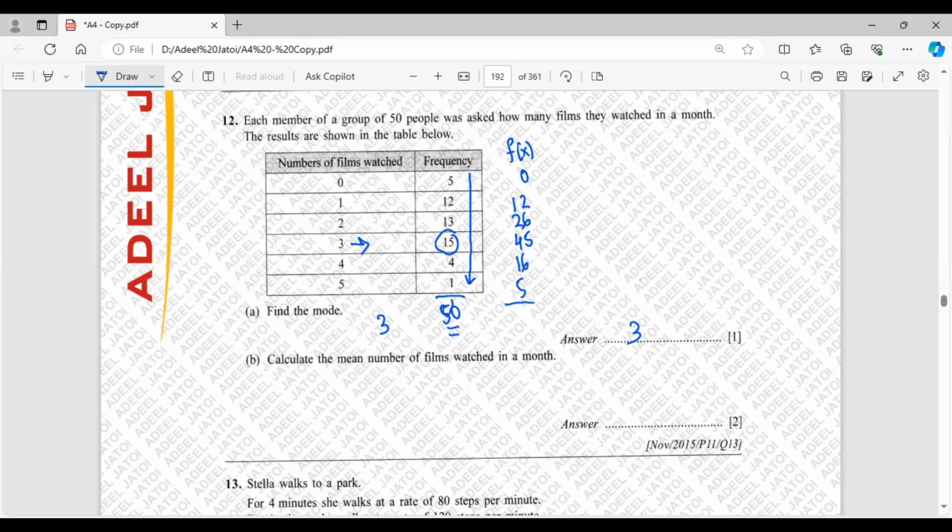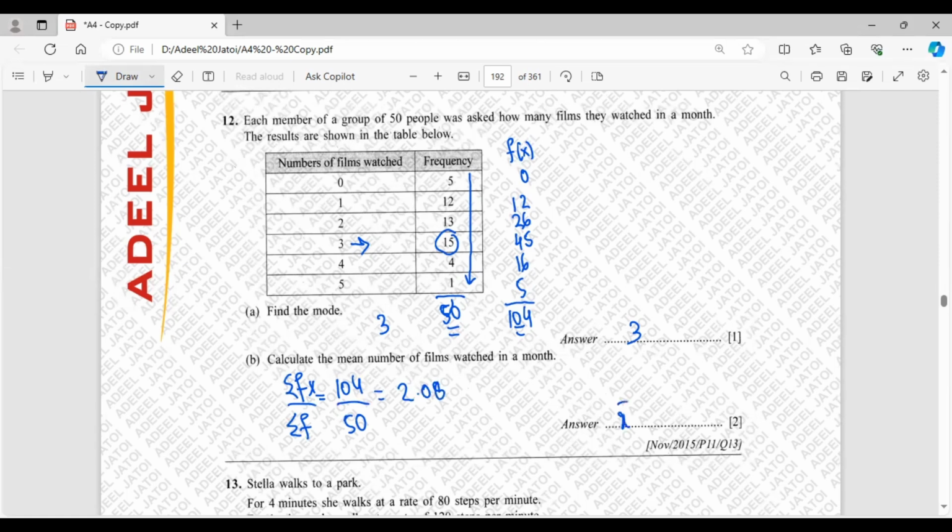So if we just add all the numbers, the answer will be 0 plus 12 plus 26 plus 45 plus 16 plus 5. We have 104. So this is 104. Summation of fx upon summation of f, which is 104 divided by 50. So the answer is 2.08.